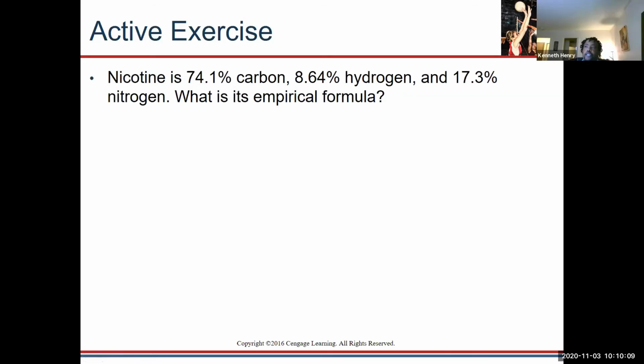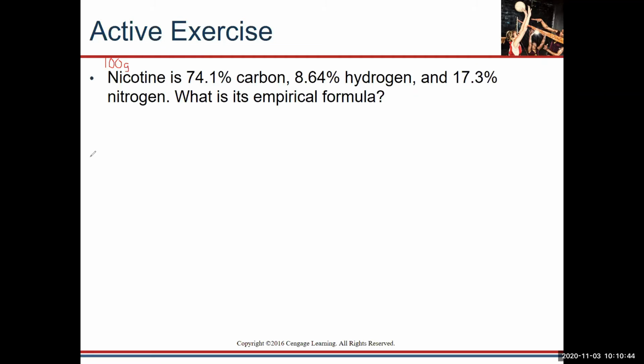Okay. Nicotine is 74.1% carbon, 8.64% hydrogen, and 17.3% nitrogen. What is its empirical formula? Okay, so these are percent masses. So if I assume that I had 100 grams of nicotine, how much of it would be carbon? 74.1 grams.